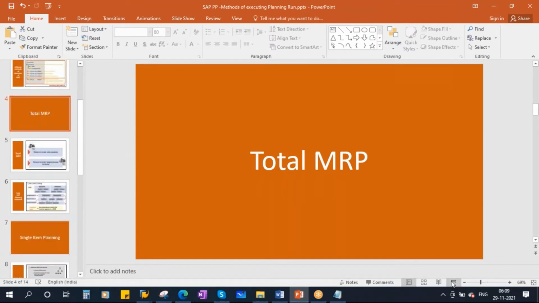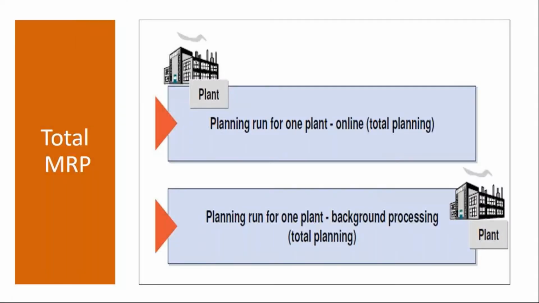So in the total MRP, as I just explained, total MRP means you run MRP at plant level. You run MRP for one plant. So on the screen, you have the option to enter the plant. You enter the plant and then it will run MRP for all the materials in that plant. This you can do in the foreground.